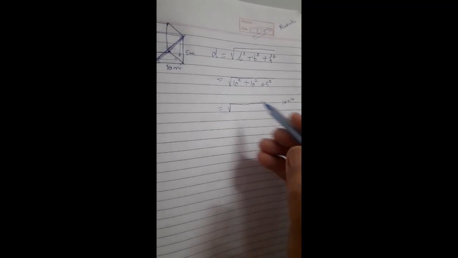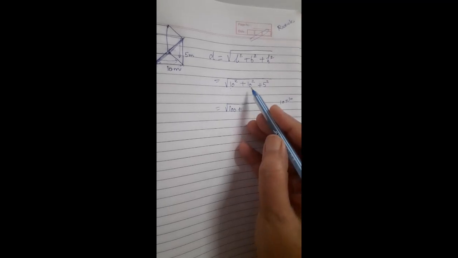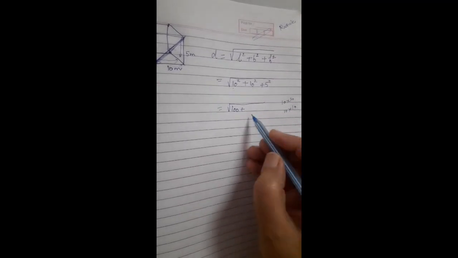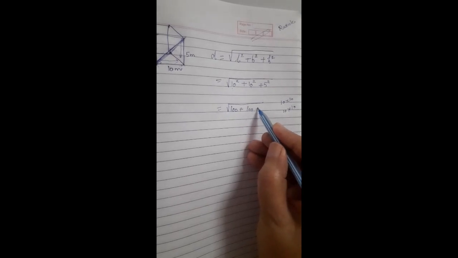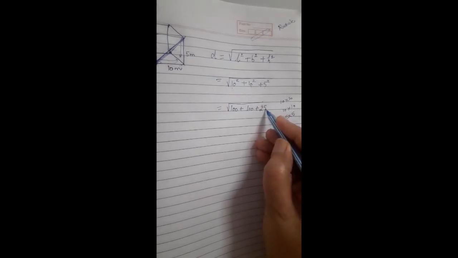Square of 10 means 10 into 10, which will be 100. Again 10 square means 10 into 10, so that will be 100. And 5 square means 5 multiplied by 5. So 5 fives are 25.